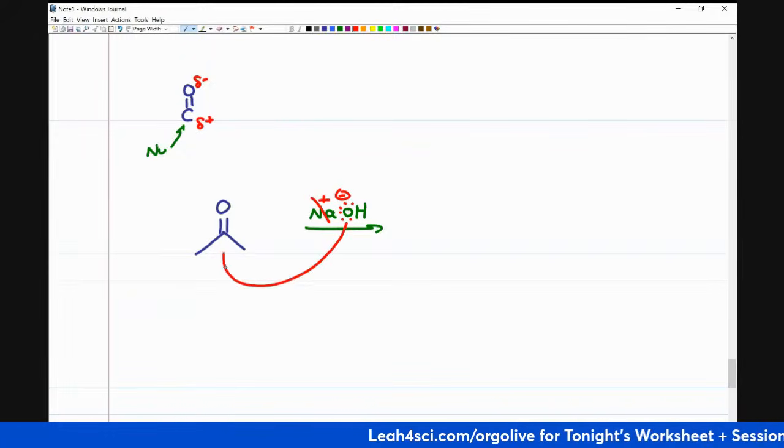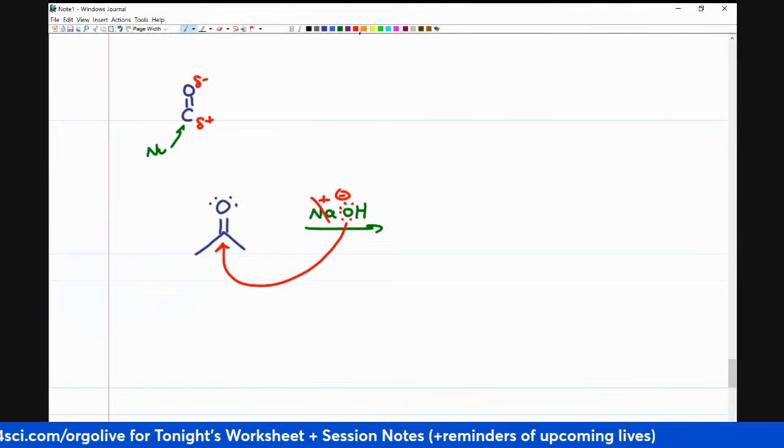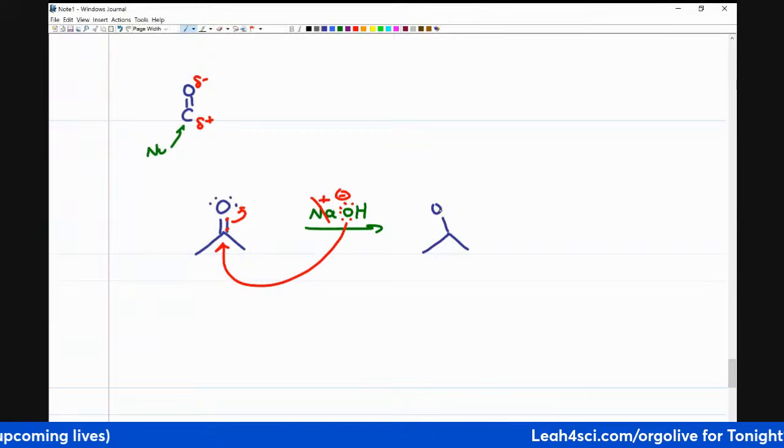That OH minus, just like I showed you with a nucleophile, attacks at the carbonyl carbon, creating a new bond, too many bonds, and ultimately kicking out the pi bond. After kicking out the pi bond, I'm left with an O minus.